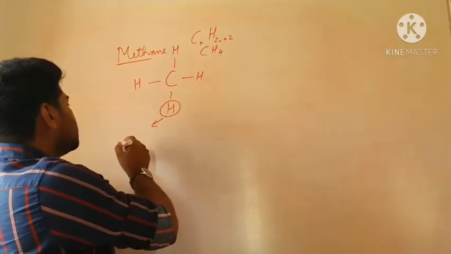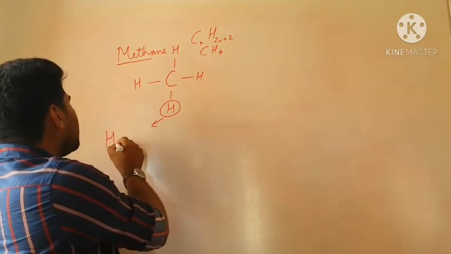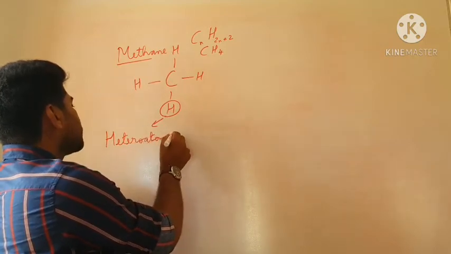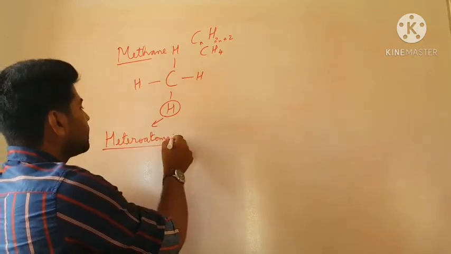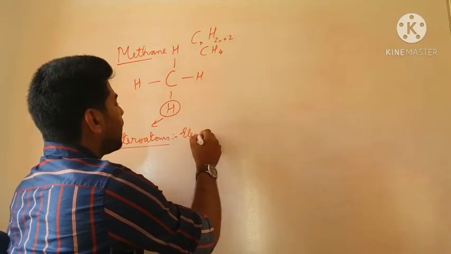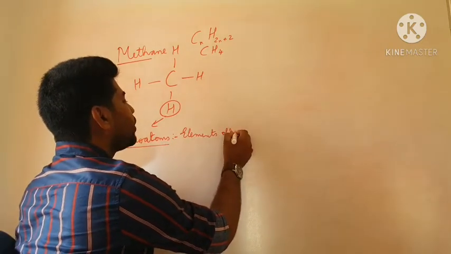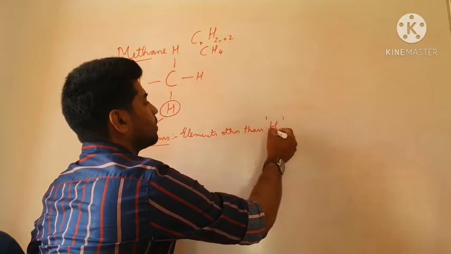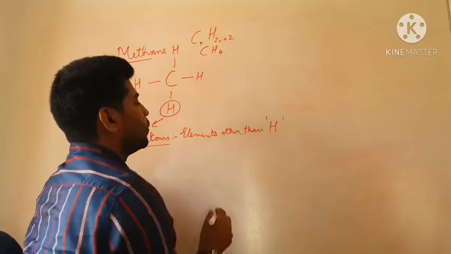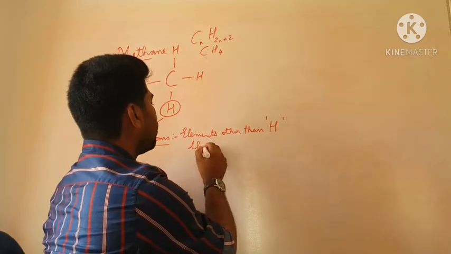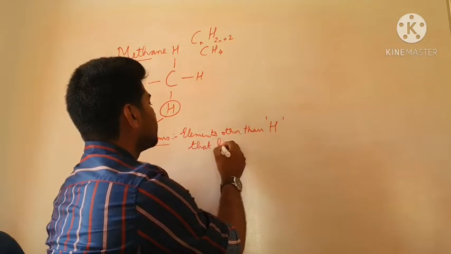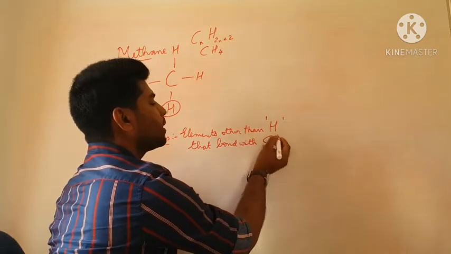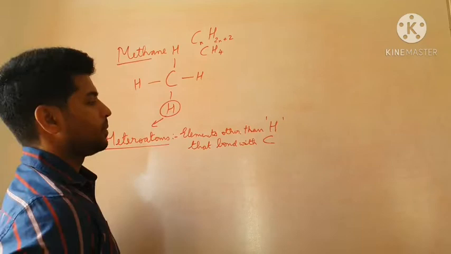Such atoms are called heteroatoms. These are elements other than hydrogen which can bond with carbon, forming carbon chains.